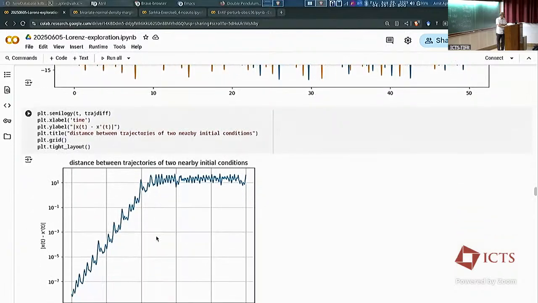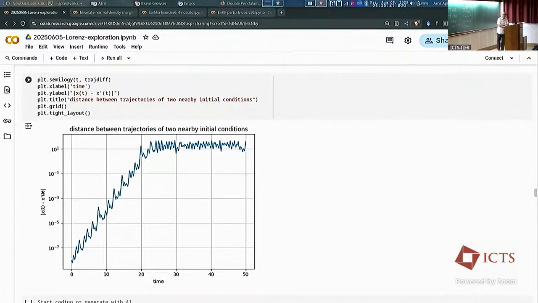This is the difference, the distance between the two trajectories, x and x prime, as a function of time, plotted on a semi-log scale. So this is a logarithmic scale: the x-axis is linear, the y-axis is log.